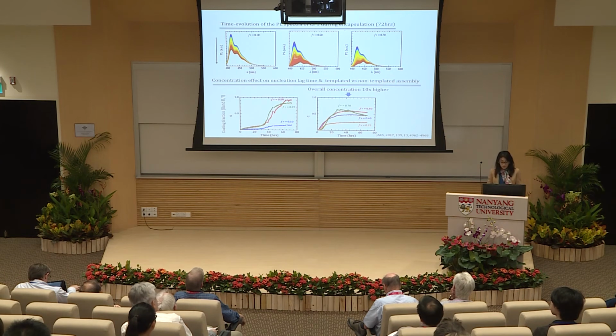So where it is going is, obviously, there was a competition between templated versus non-templated assembly going on. And when the concentration is high enough, this protein actually favors self-assembling by itself, not with the templates.